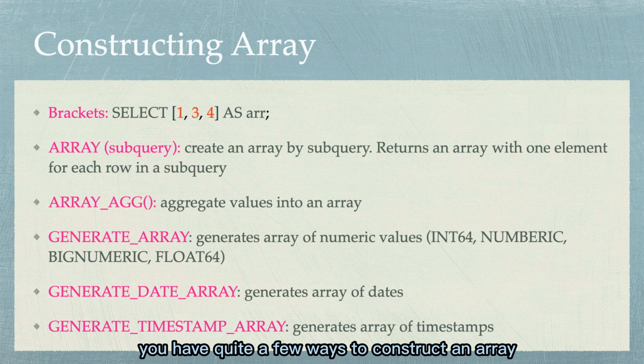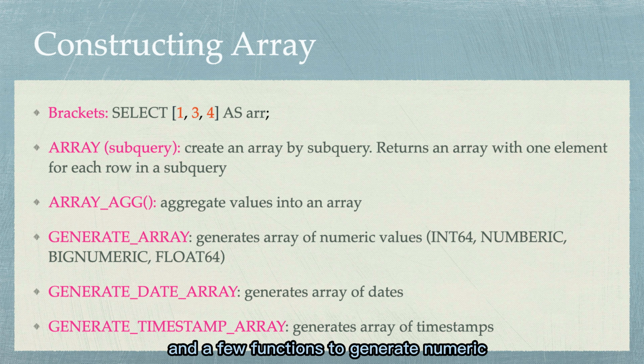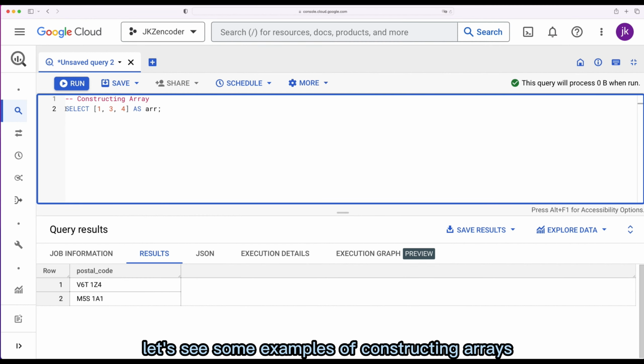You have quite a few ways to construct an array: using brackets, using the ARRAY function, the ARRAY_AGG function, and a few functions to generate numeric or date type arrays. Let's see some examples of constructing arrays.